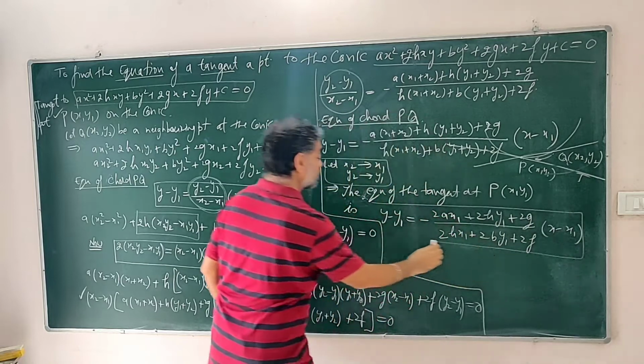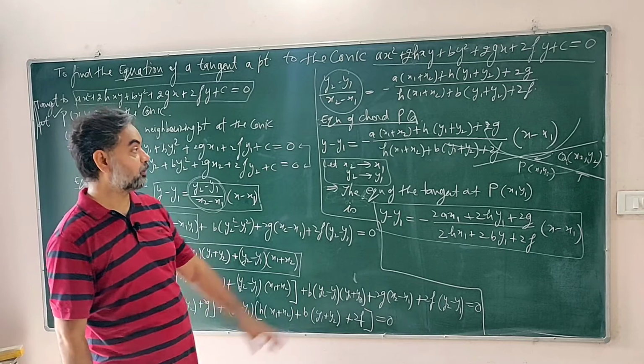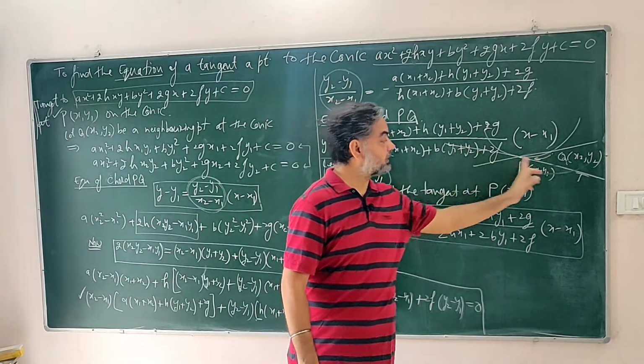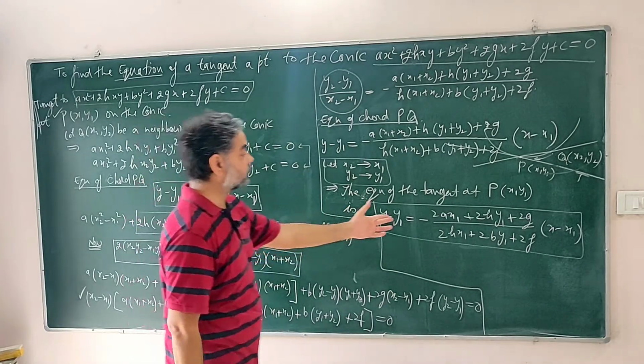So this becomes the equation of the tangent at the point P, because the chord PQ becomes the tangent at the point P if Q approaches P.